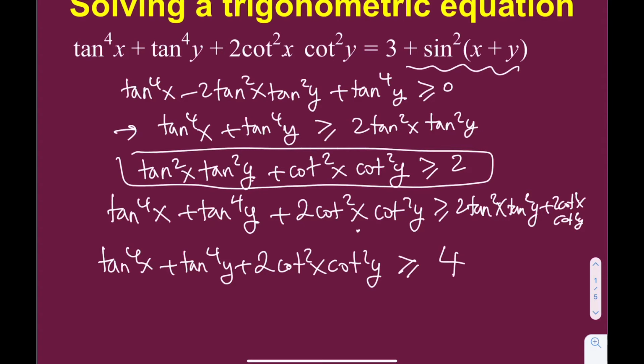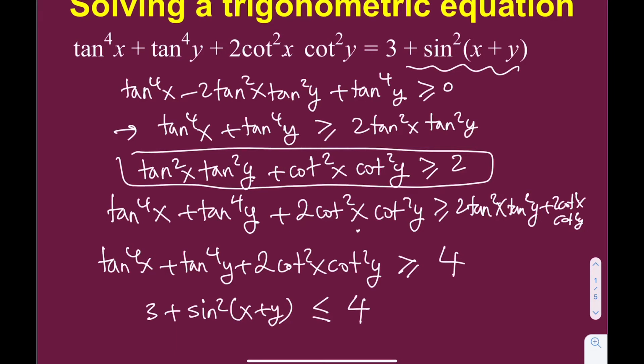As you know, 3 plus sine squared of x plus y, since sine of x plus y is going to be between -1 and 1, its square is going to be between 0 and 1 because it can't be negative, obviously. And when you add 3, we're going to find out that this expression is actually going to be less than or equal to 4 because the maximum sine squared of x plus y can be is 1.